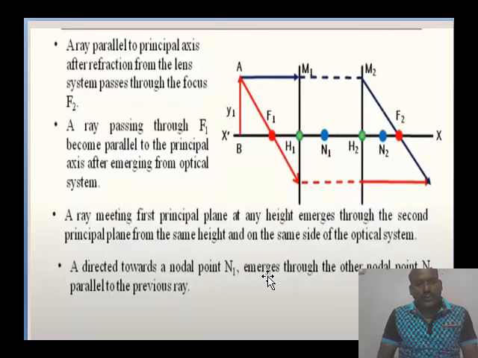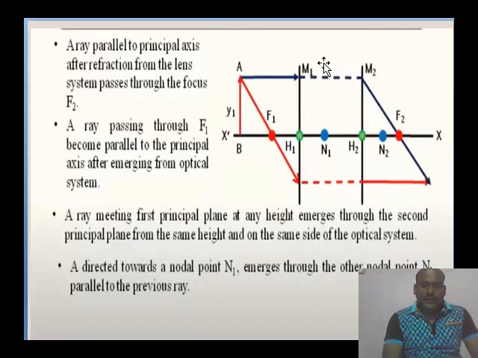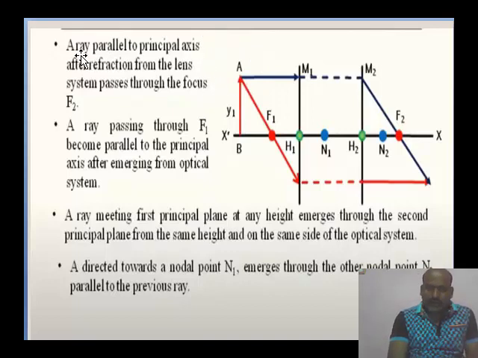Next I am going to explain the Newton formula and image formation. Look here, this is a diagram. This is the principal axis, and for example, a ray parallel to the principal axis, after refraction from the lens system, passes through the focal point F2.